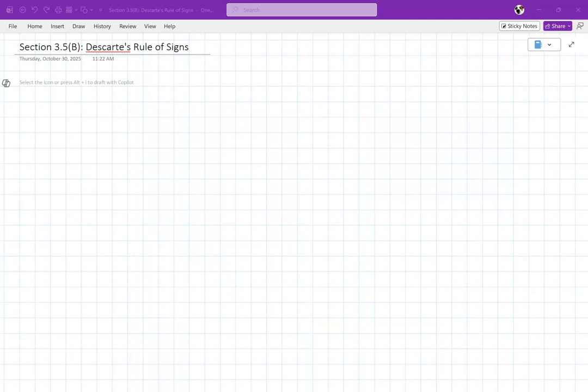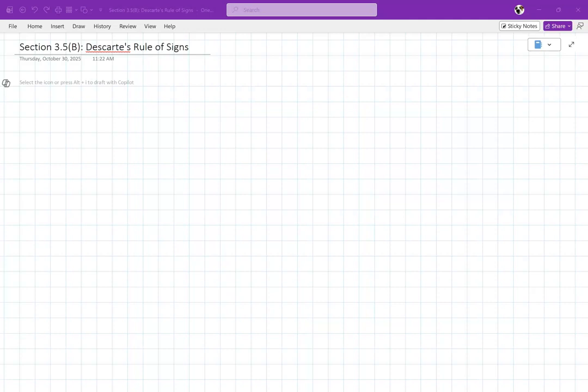The rule of signs is used to figure out how many real solutions we have, how many positives, how many negatives, and then from there we can figure out how many complex. Now, for him, he wrote a way to do it.